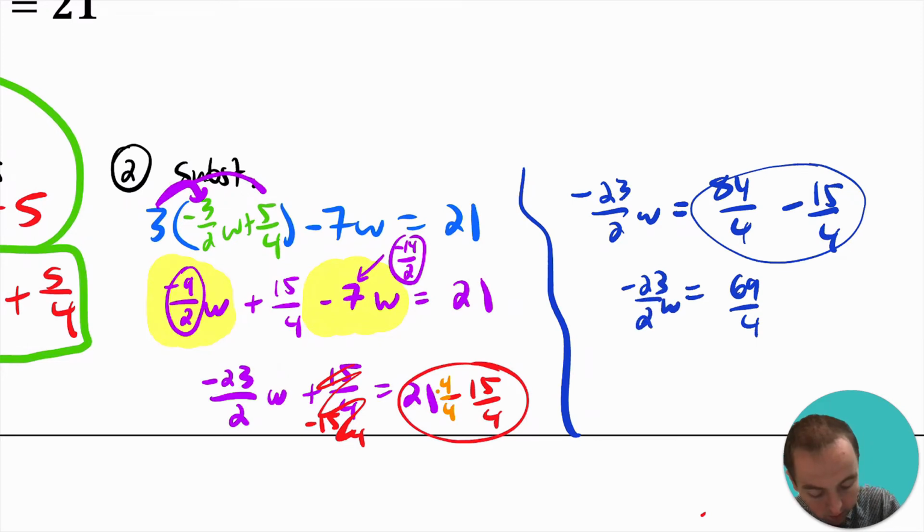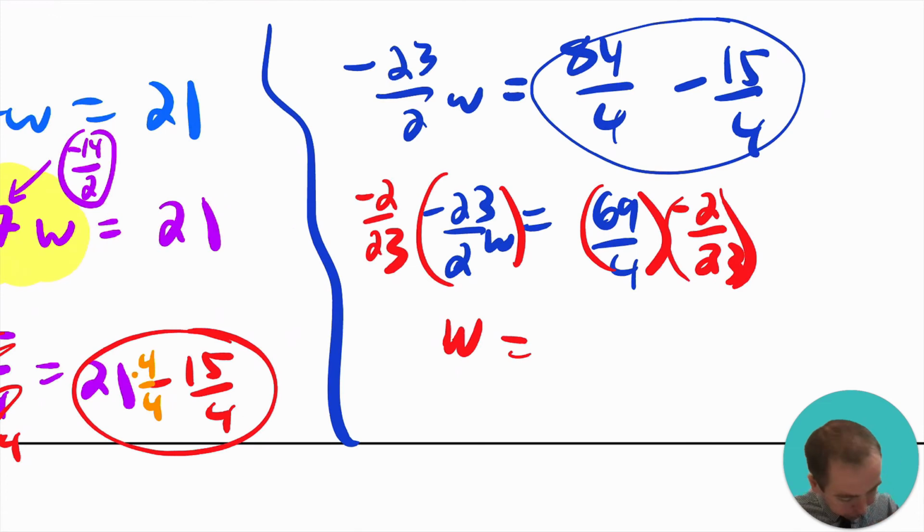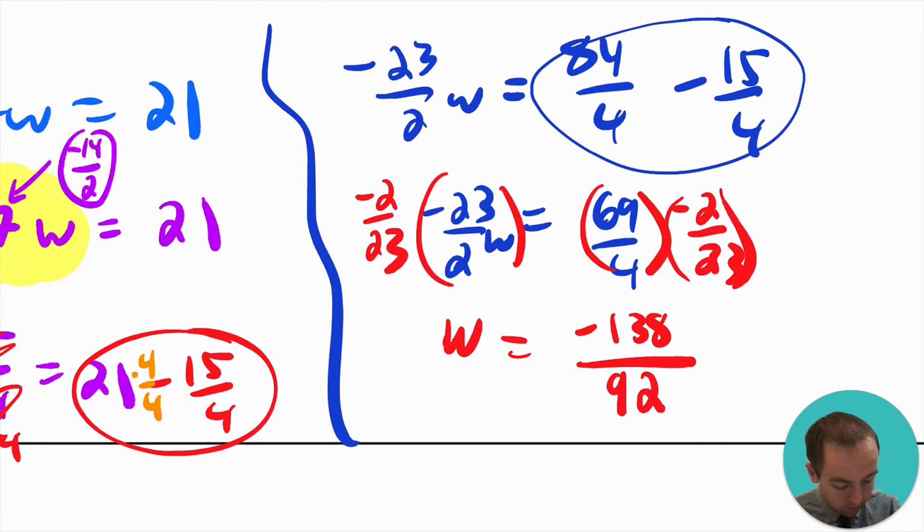-23/2 w. So finally, as one last step there, you can multiply by that reciprocal of -2/23 to get a positive w, and then similarly you have to multiply by -2/23 on this side. So you do end up getting -138 when you multiply 69 and -2, and then you get positive 92 when you multiply 4 and 23.